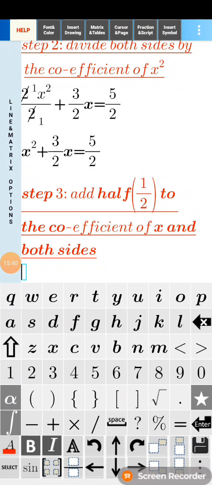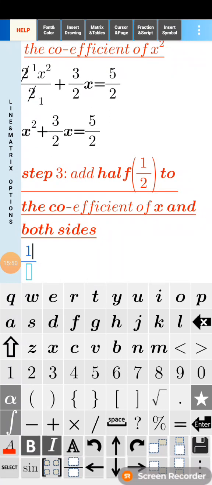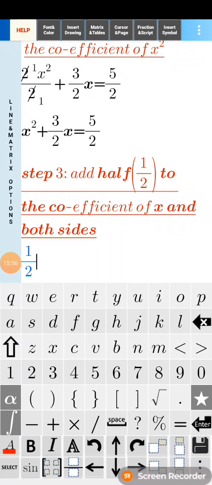So that will be my half, 1 over 2, multiplied by the coefficient of x, which is 3 over 2.